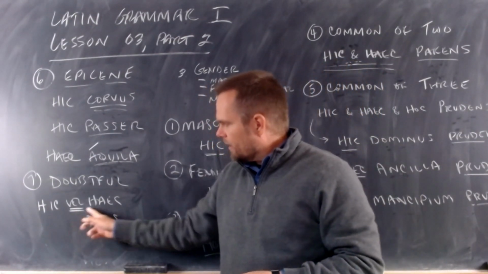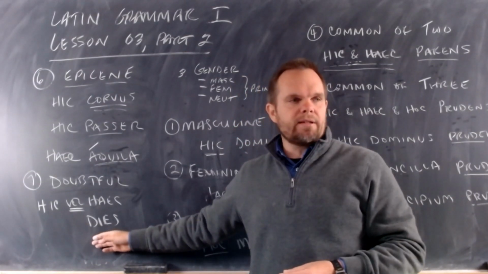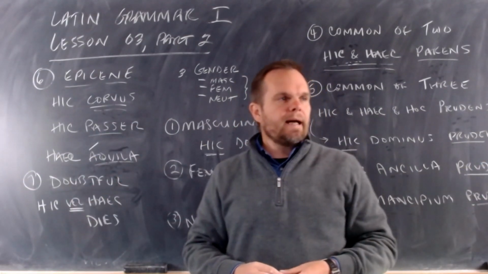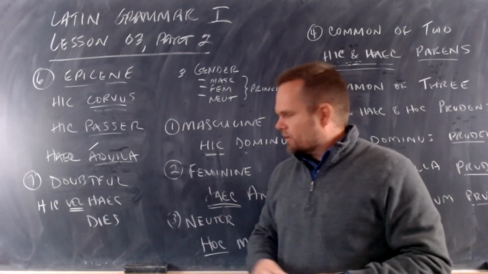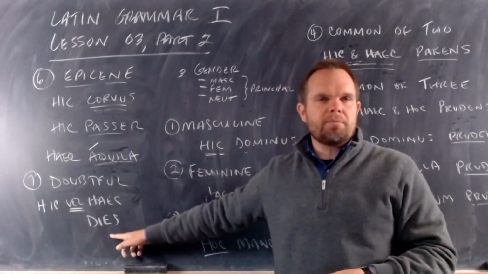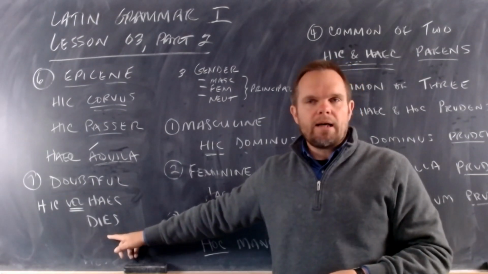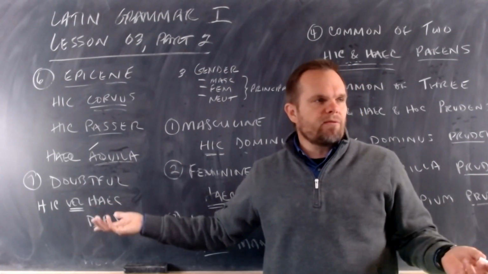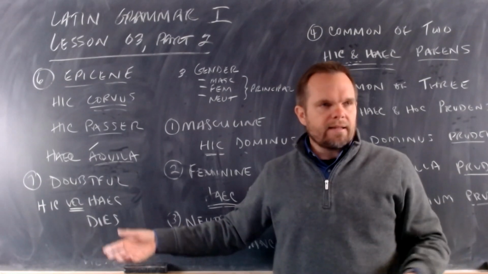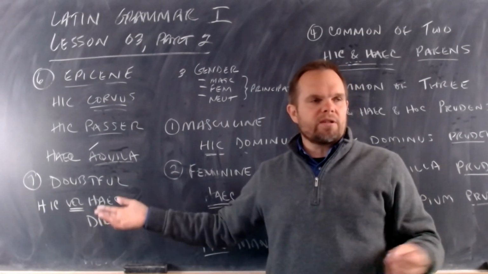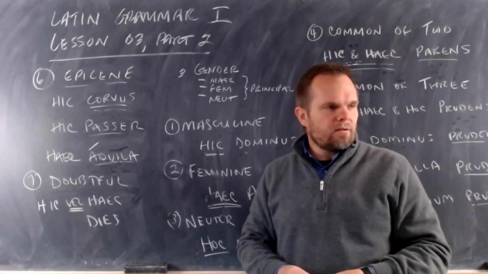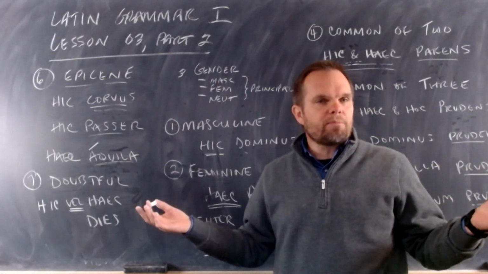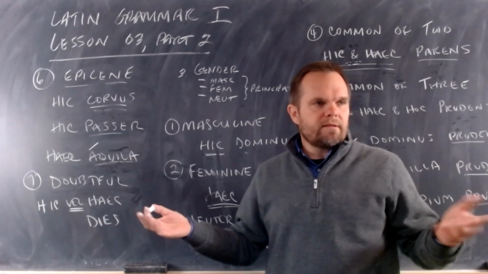Hic vel haec dies. And what this means is that as we're reading Latin literature, Latin books, Latin whatever, sometimes this word dies means day. Sometimes day is referred to as if it's masculine, and sometimes day is referred to as if it's feminine, and there's no way for us to tell which it is. It looks like they simply didn't agree on it.